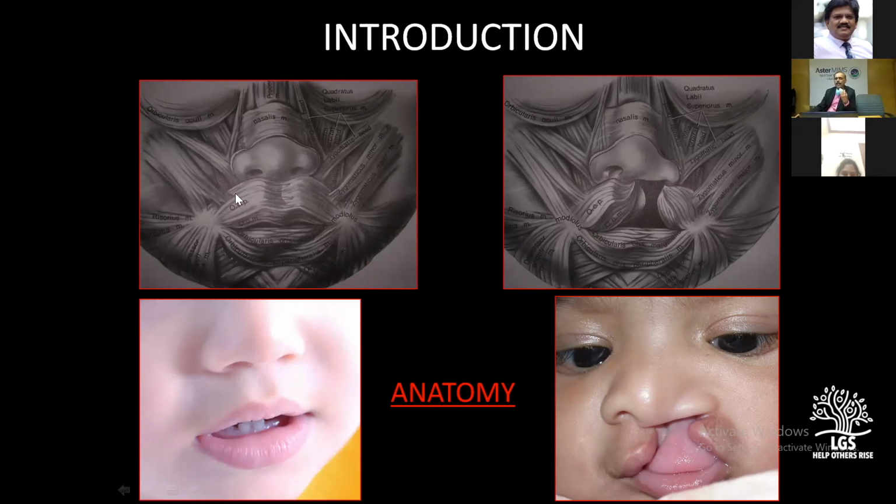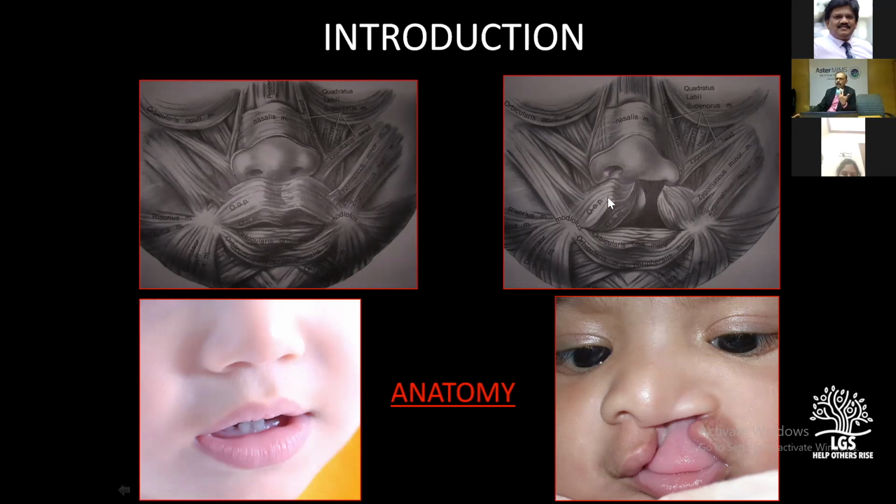So instead of forming an absolute ring around the oral cavity, the whole structures are cleft, one, and they are attached abnormally. And when they're attached abnormally, they tend to pull in all sorts of abnormal directions. And the resultant deformity is a complex issue of the gap, the abnormal attachments, and the secondary effects due to everything pulling in all sorts of abnormal directions.